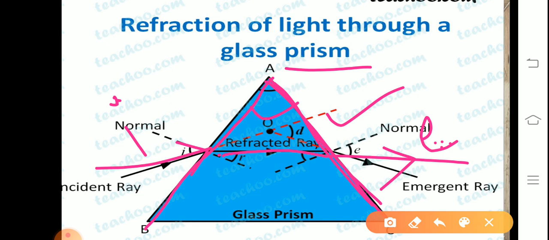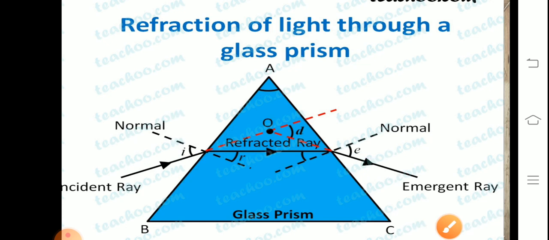Okay, to understand the behavior of light when it is incident on a plane of the prism and passes into the prism, we need to define certain terms associated with prisms. Let us define the terms which are associated with the prism. So the picture is very clear here.